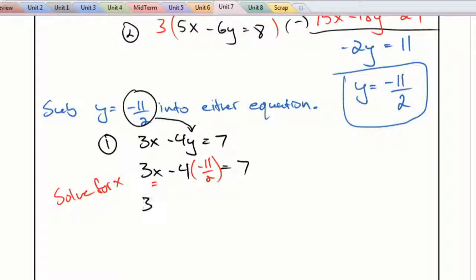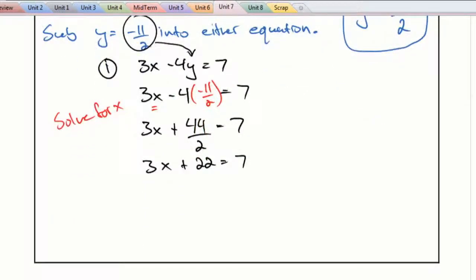So nothing's happening here. I have 3x. 4 times 11 is 44 divided by 2 is going to give me 22. I could write it as negative 44 over 2 if I wanted, or positive because I have two negatives. So I have 3x plus 22 is 7.